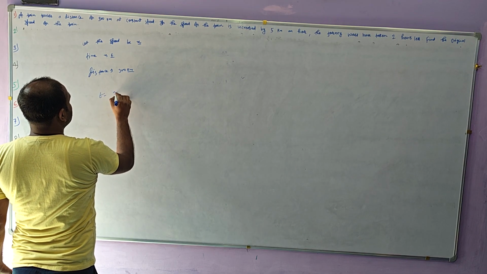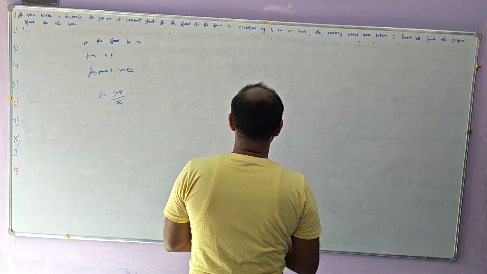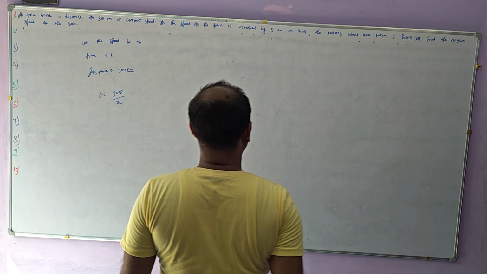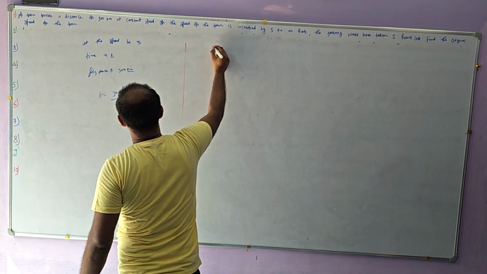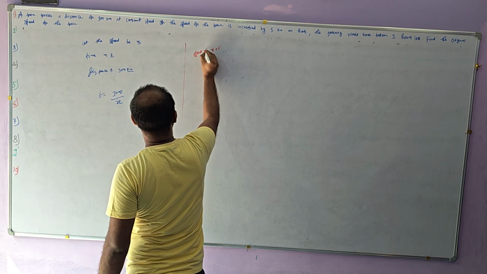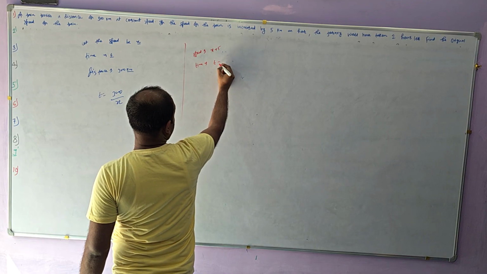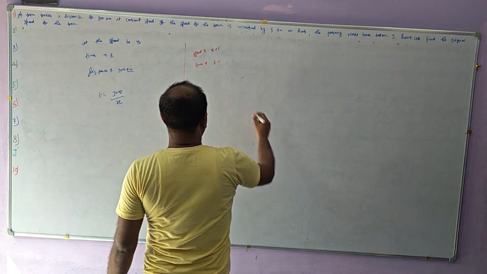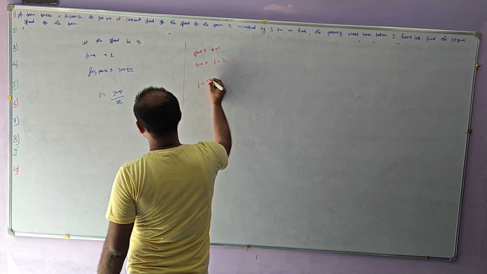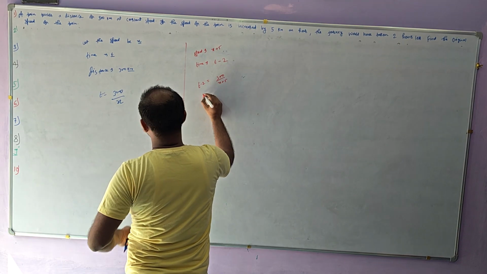So we get t is equal to 300 upon x. And when the speed is increased, when speed becomes x plus 5 and time becomes t minus 2, so t minus 2 becomes 300 upon x plus 5.